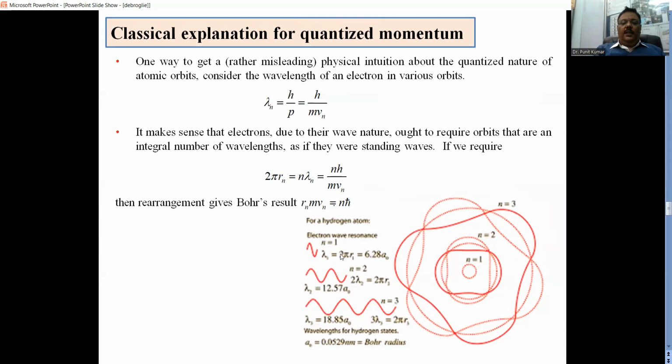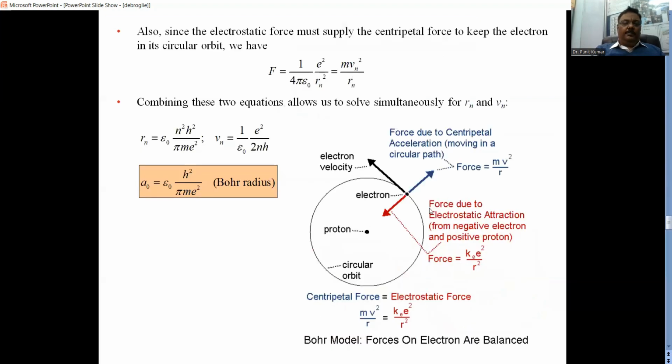For each Bohr orbit the radius is different, so we will have a different wavelength. The wavelength depends on the level from which the photon is emitted.